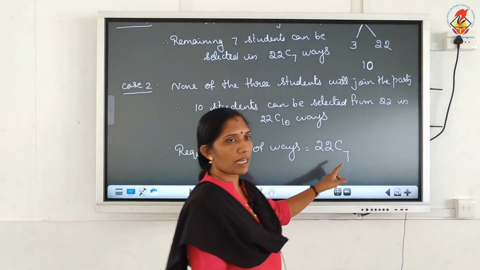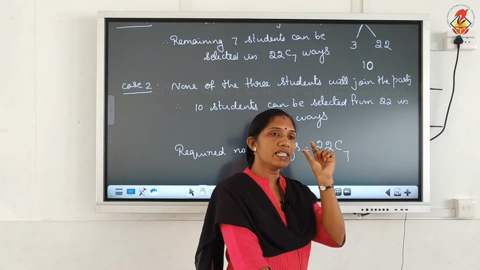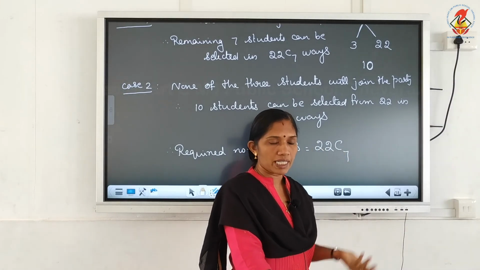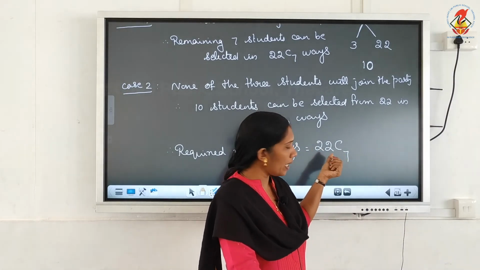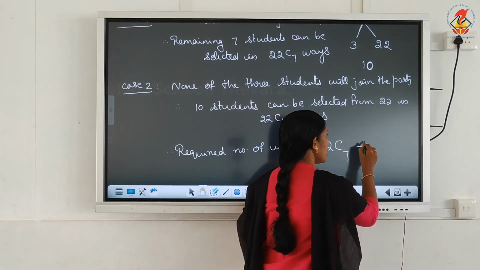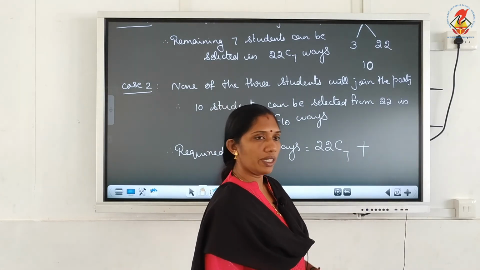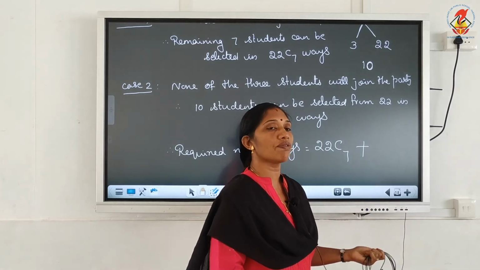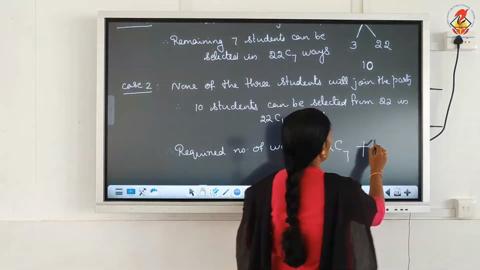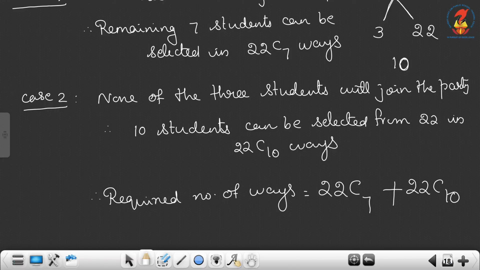So the remaining 7 from 22. That 3 is 3C3, which is 1. That's why we are not writing that. Then plus, what is the second case? None of the 3 students will join the party. So we have to select 10 students from 22, that is 22C10.